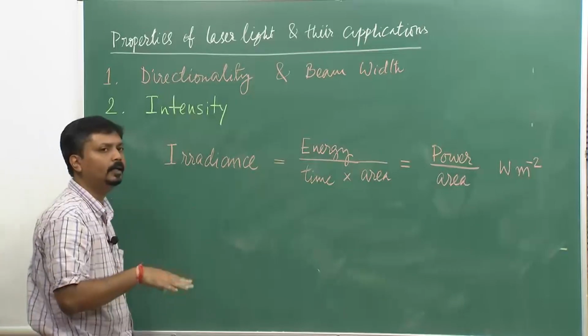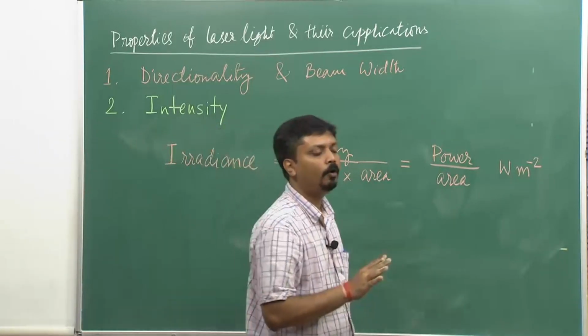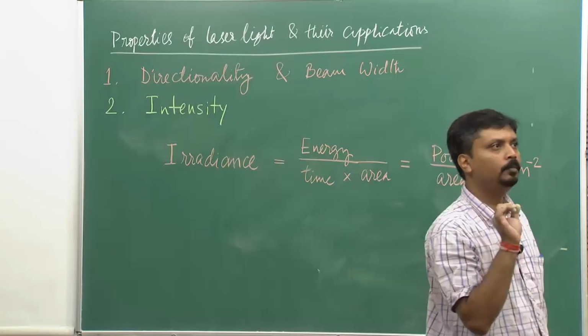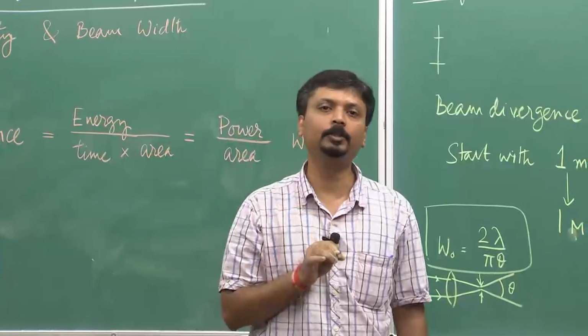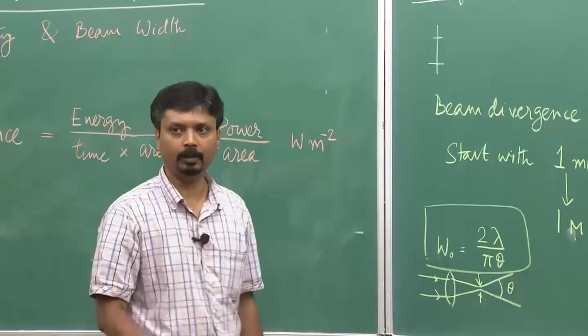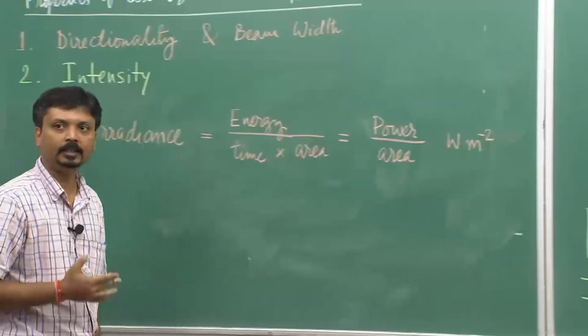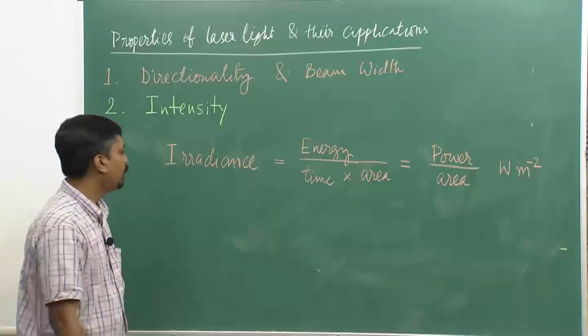Now we have to look at the irradiance values of lasers. To put things in the right perspective, we should also have some reference value. So, what can be the best reference other than sunlight?